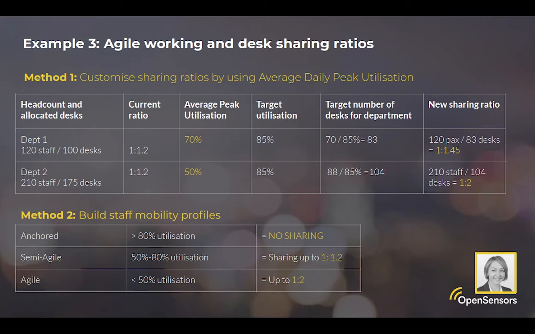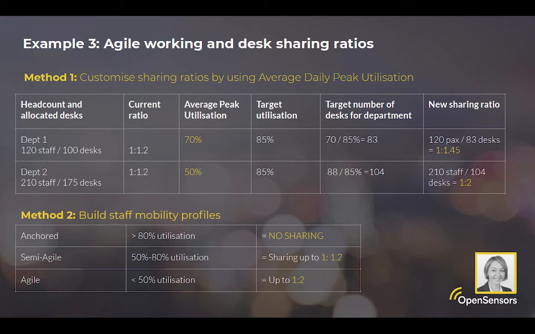So saving at least 100 desks, or saving them up for new recruits or new headcount, will help you make the space more flexible and more resilient, so you will be able to accommodate your growing headcount without growing your footprint.